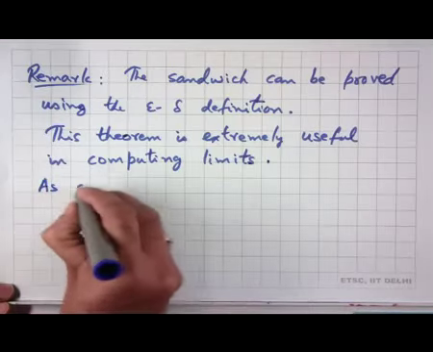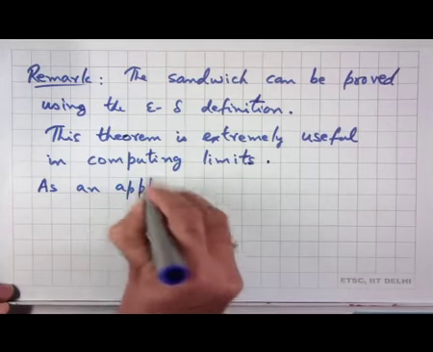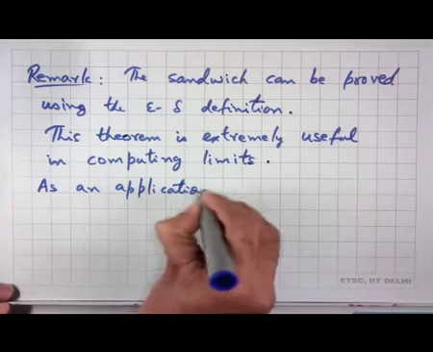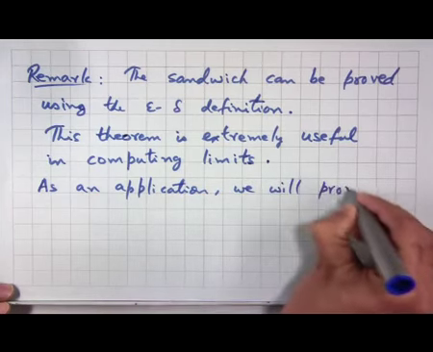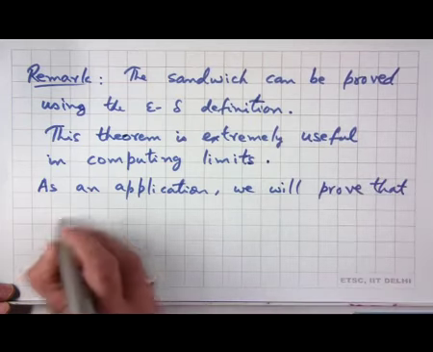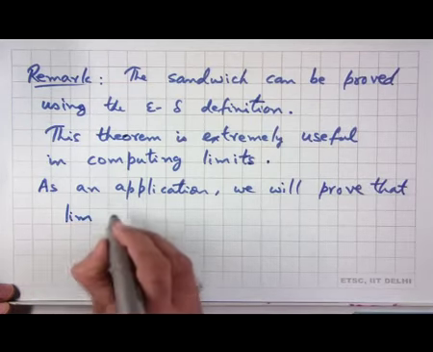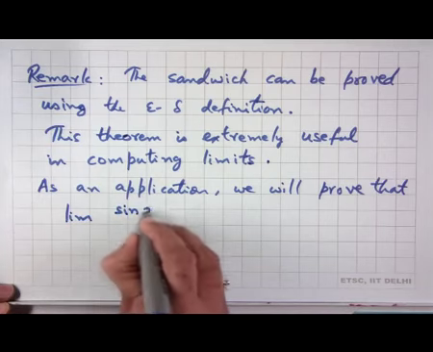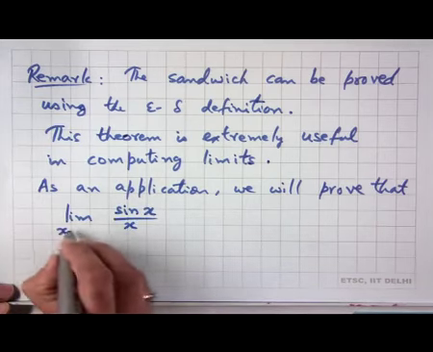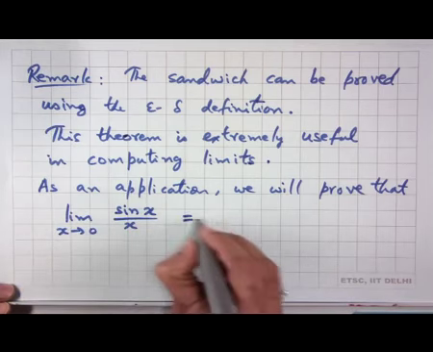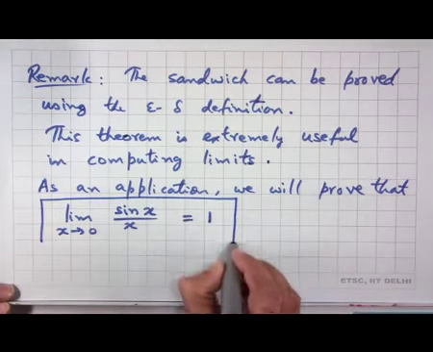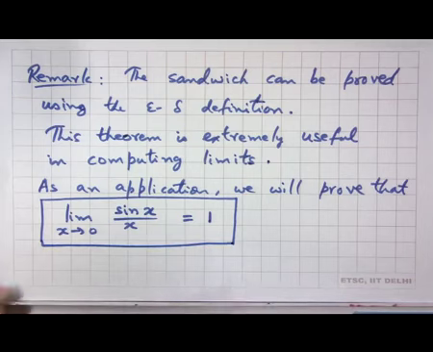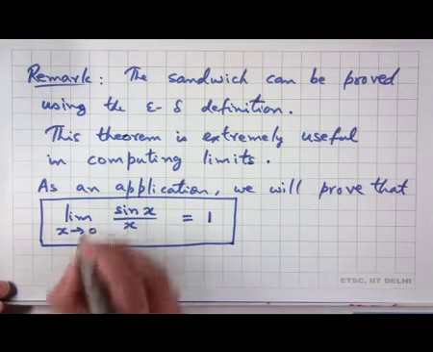As an application, we will prove that the limit of the function sin x over x as x approaches 0 is equal to 1. This is a very important formula for limits.